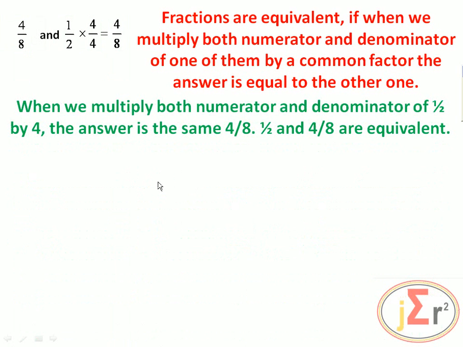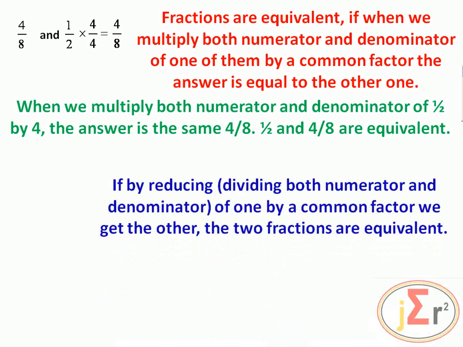When we multiply both numerator and denominator of a half by 4, the answer is the same, 4 over 8. A half and 4 over 8 are equivalent.